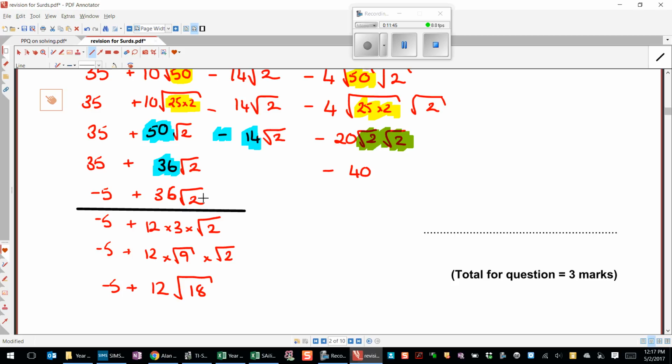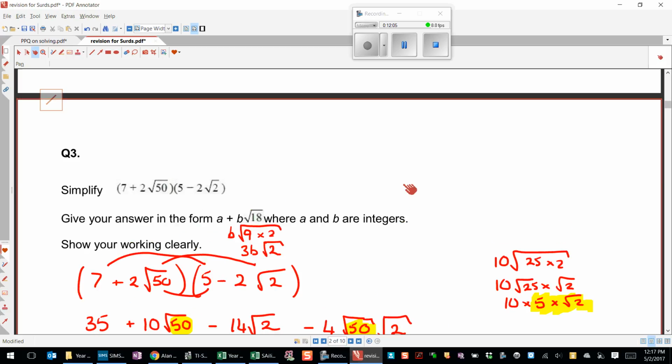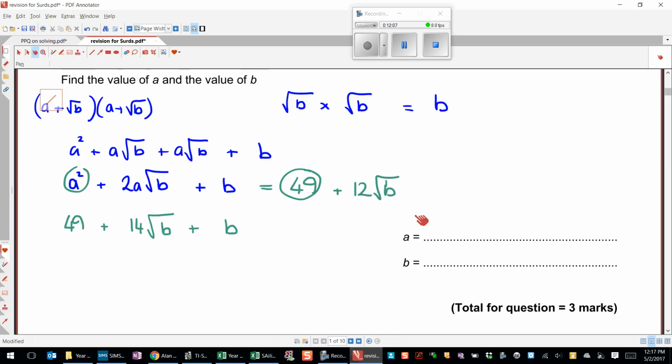Now, just to remind you, we didn't finish off the previous one. Let's look back at this one. We've had a practice with expanding our brackets. Now, here's the thing.